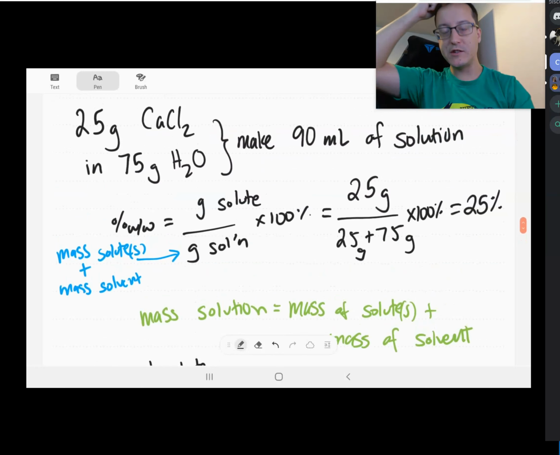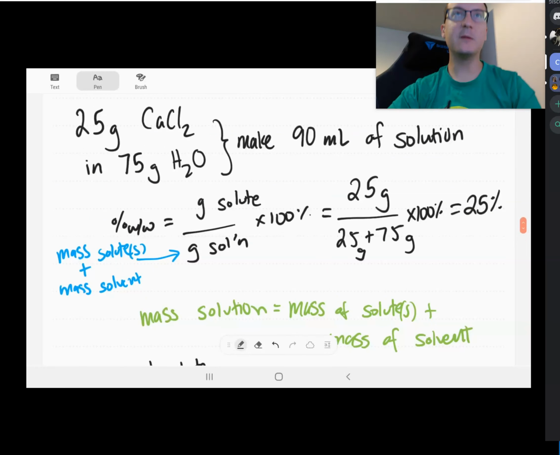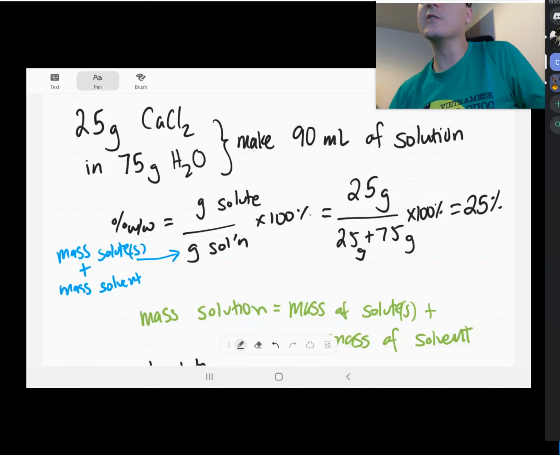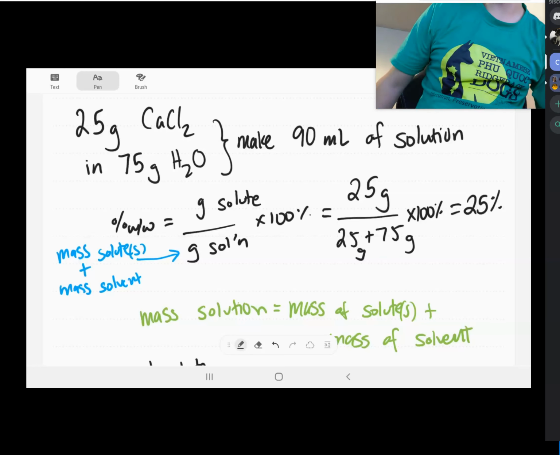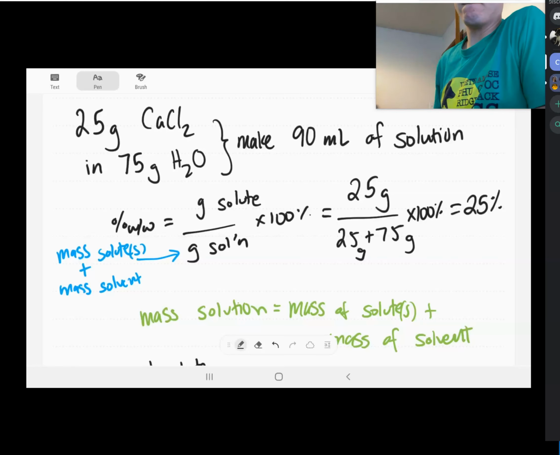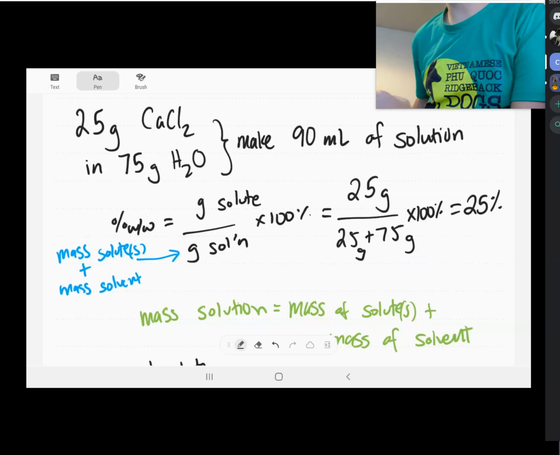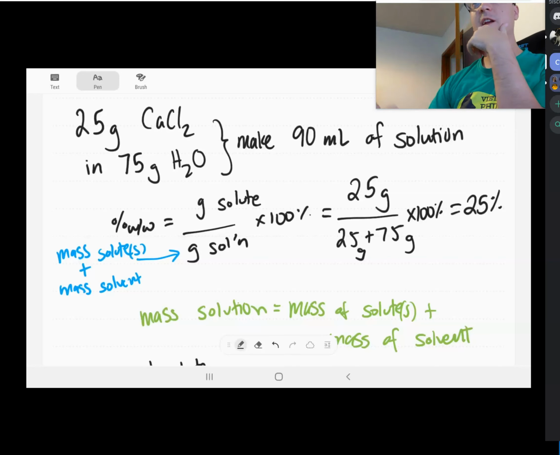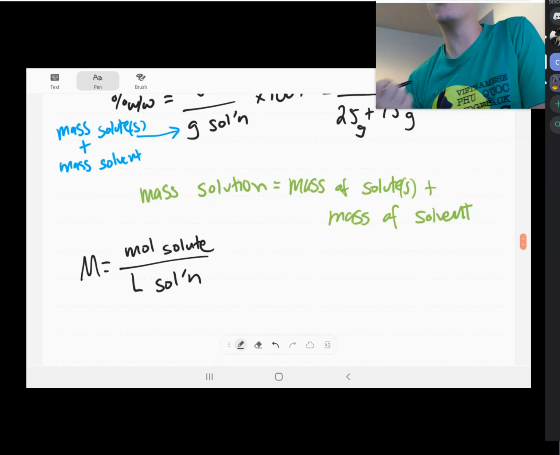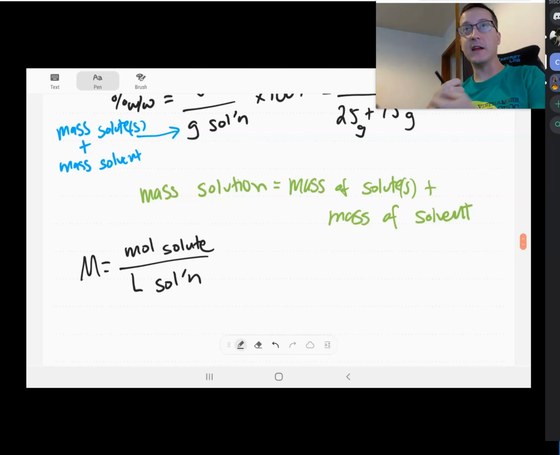Alrighty, so which numbers from this are we going to use from our original problem, our original solution descriptors? Yeah, we're going to use 25 and 90, right? Absolutely. However, both of those are not quite in the right unit so far.